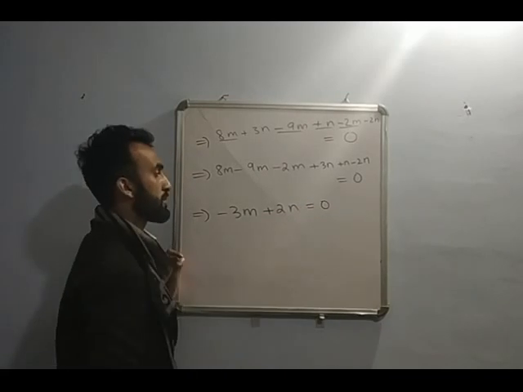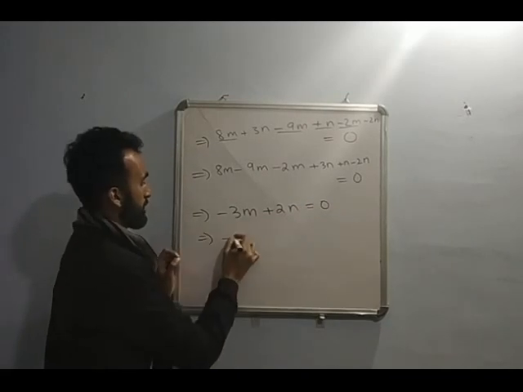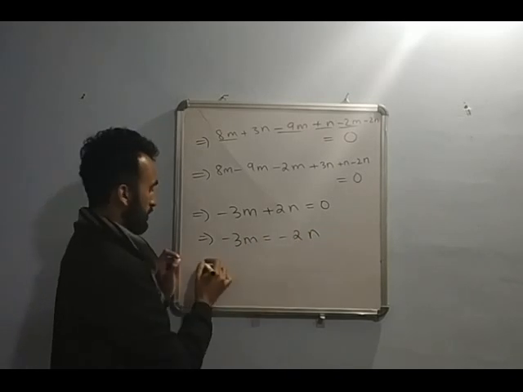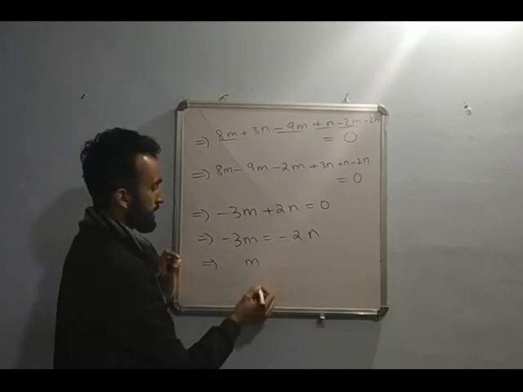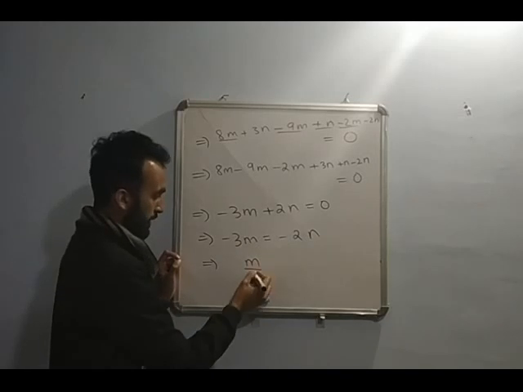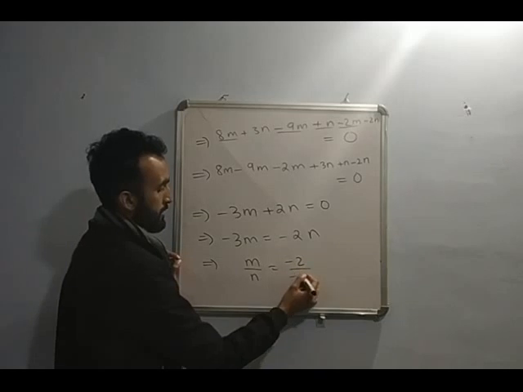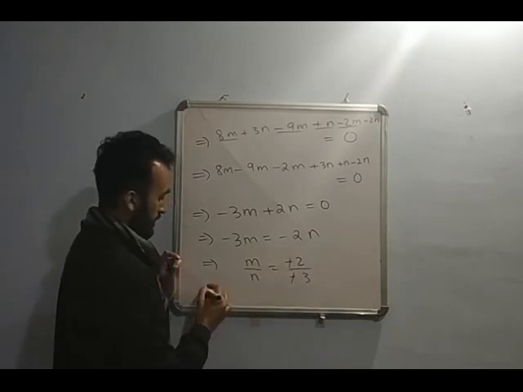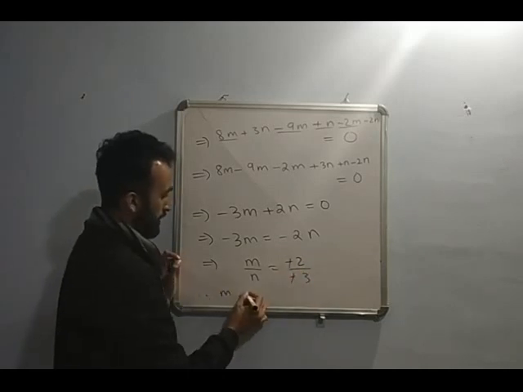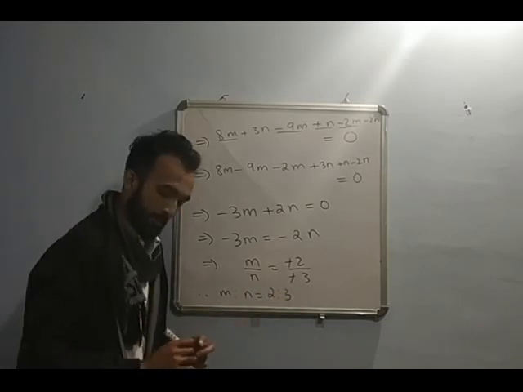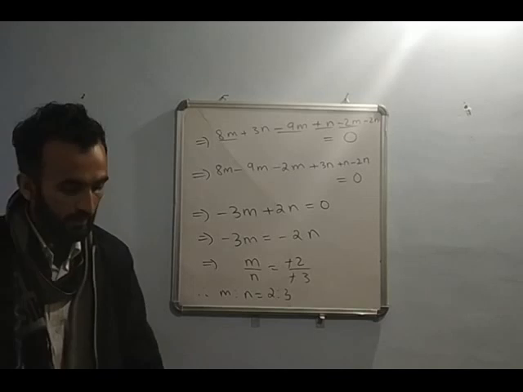Plus 4 minus 2 is plus 2. Now let me shift. Minus 3m equal to minus 2n. You know very clearly why I shift, because I need m by n. M, now n comes down. Already minus 2 is there, minus 3 goes down. So therefore m is to n equals to what? 2 is to 3. Things are clear? If not clear, you can comment.